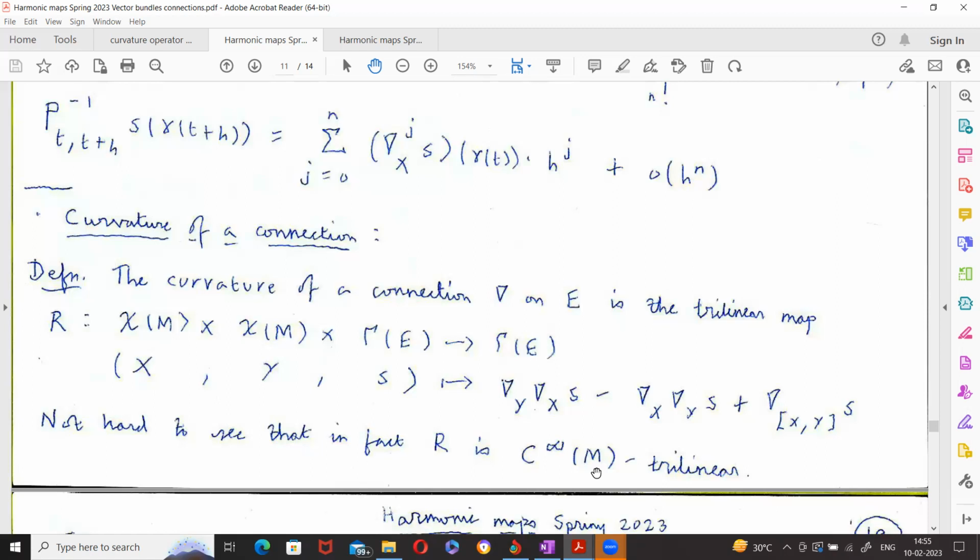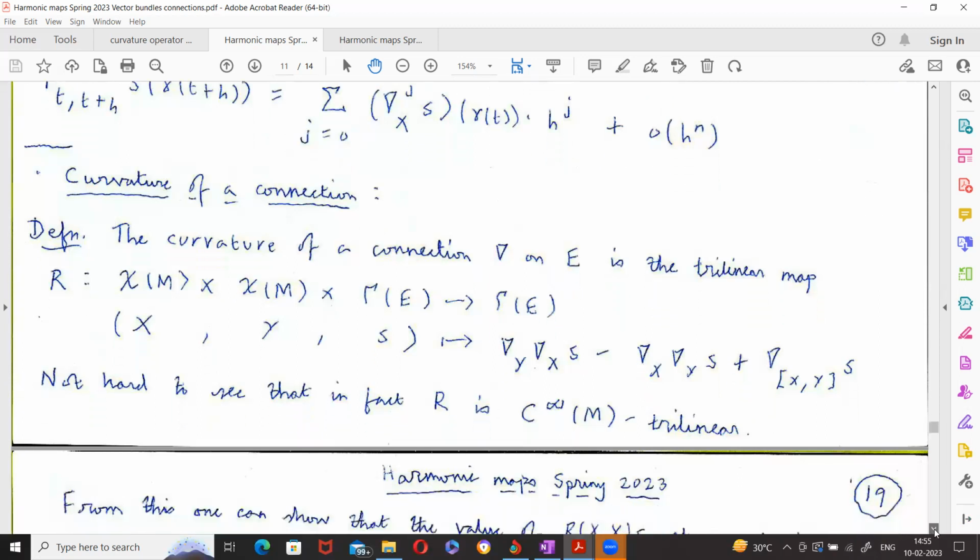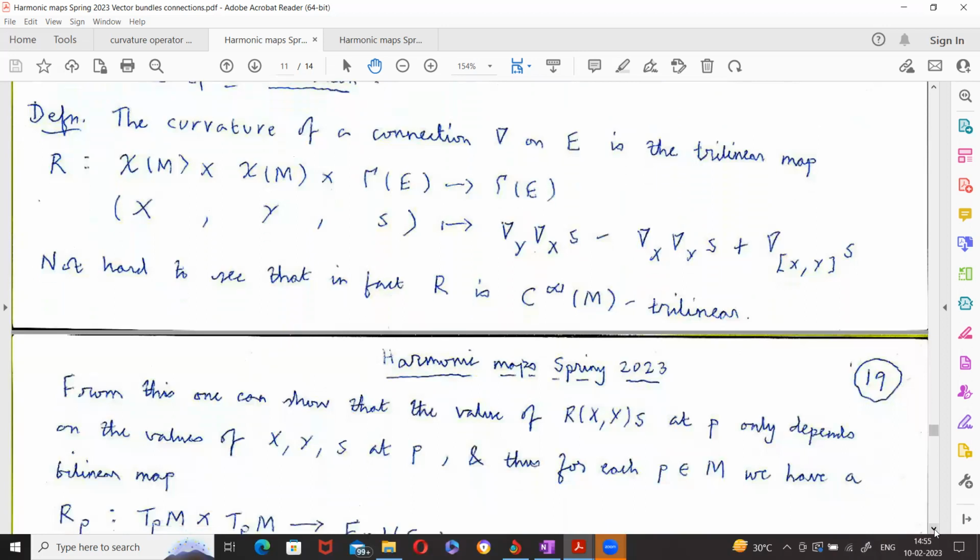And then once you know that it is trilinear with respect to functions, then it's easy to see that the value of R X Y S at a point P only depends on the values of the vector fields X, Y and the section S at the point P. So this is similar to when we showed that for a connection nabla, the map X, S goes to nabla X S was C infinity M linear in X, right?